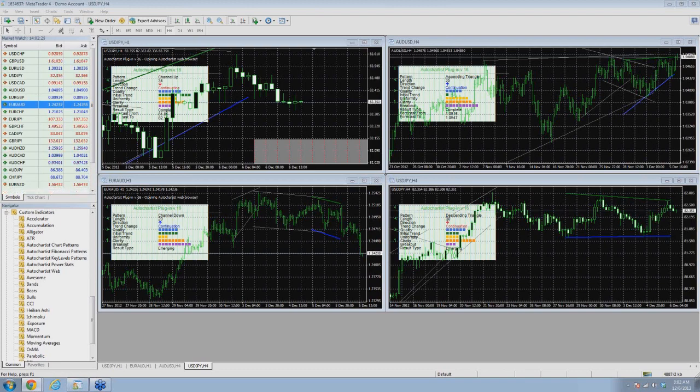It can be delivered to your computer via the plugin in about 30 seconds, and it's very easy to install. And the plugin is going to contain chart patterns, Fibonacci patterns, and power stats, as well as Autochartist key level patterns, and access to the Autochartist web platform also.